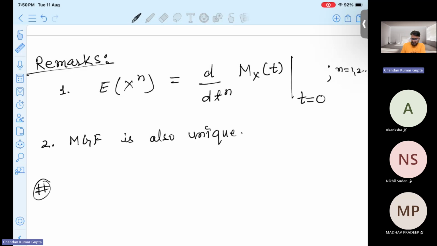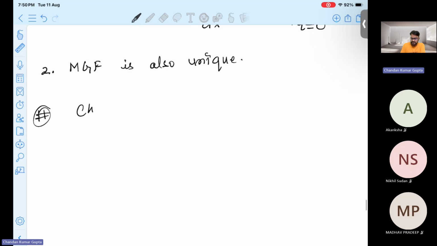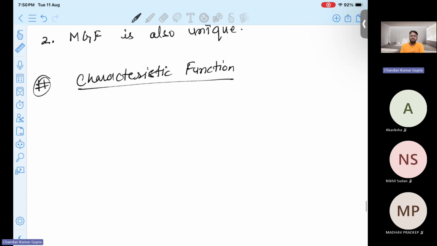The third, which is perhaps the last, is the characteristic function. This is usually denoted by phi_X(t) or psi_X(t). We write it phi_X(t).